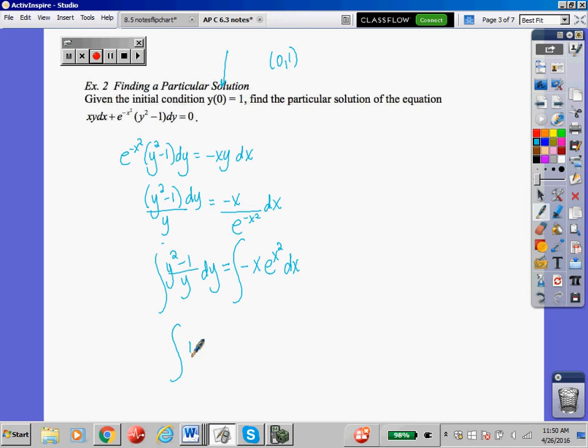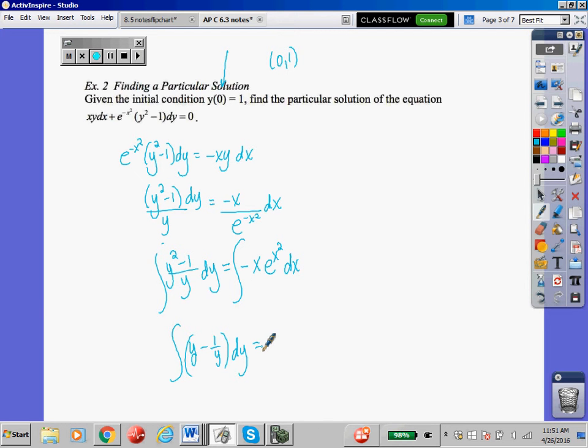On the right side, I'm going to simplify this. And I just mentioned this with example 1. I said, if you have a sum or difference in the top with one term down in the bottom, you can break them apart. y squared over y is y to the first, minus, and I have 1 over y. So when you do that, that's easy to integrate.